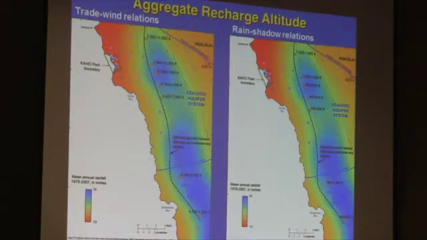To contrast those altitudes on the left, which are developed from trade wind relations, looking at how the rainfall varies in a trade wind regime: if you look at a rain shadow area and apply those relations to the isotope concentrations that we found in the high-level wells, you get unrealistically low aggregate recharge elevations.